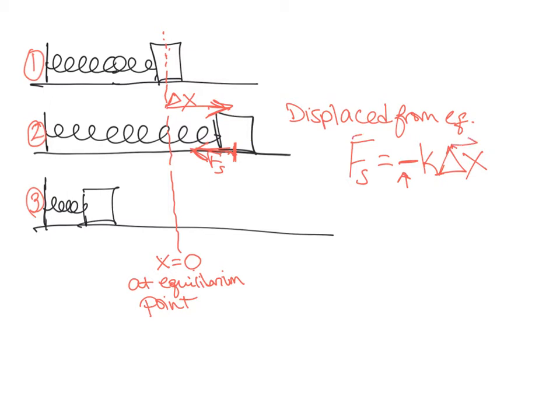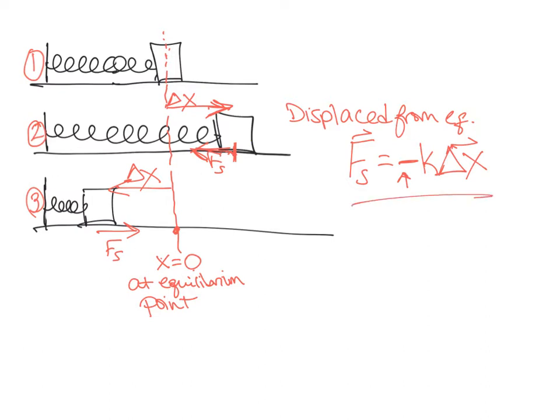So this is really a vector equation, okay? Sometimes they'll just write Fs. Sometimes they'll write it without the vectors. And sometimes it'll just be x instead of delta x. But the idea is that if my delta x is that way, my Fs is that way, right? Because it just keeps wanting to go back to this equilibrium point. That's what a restoring force means, okay?